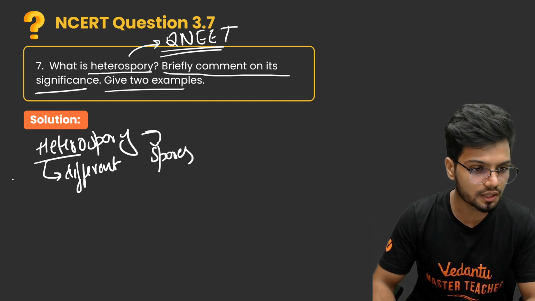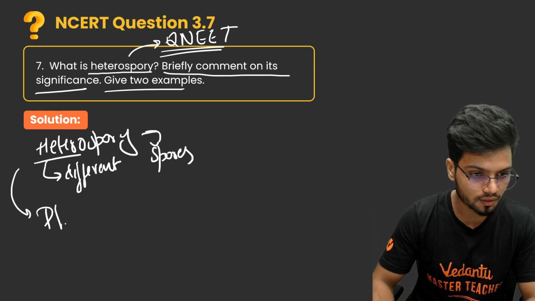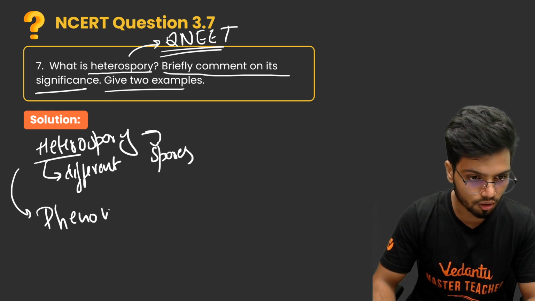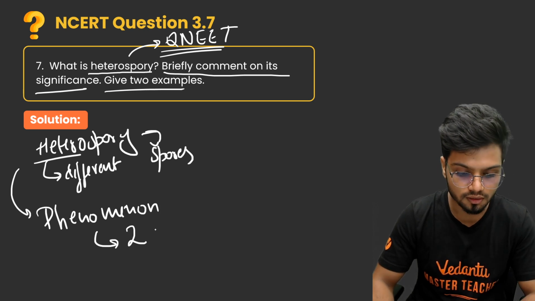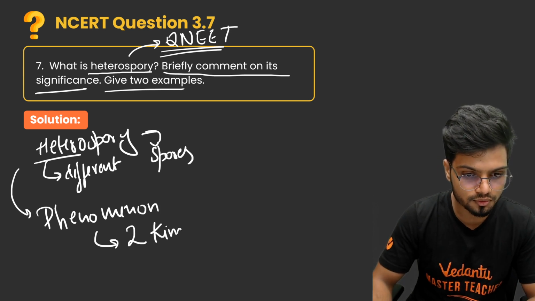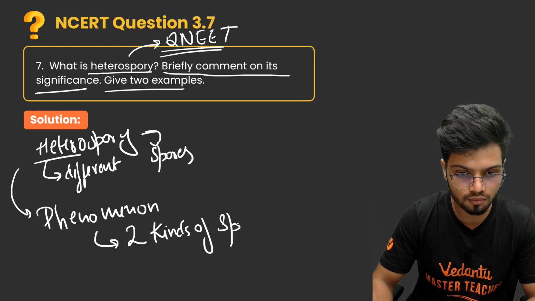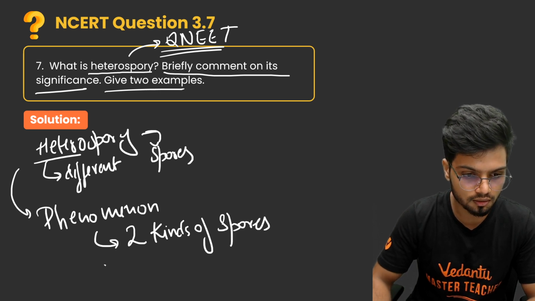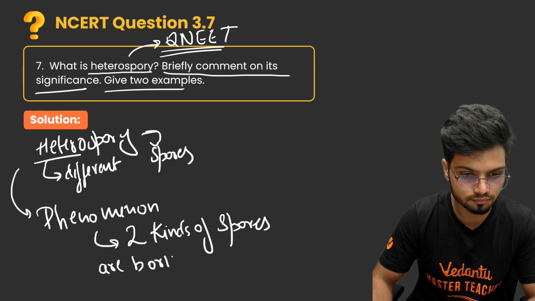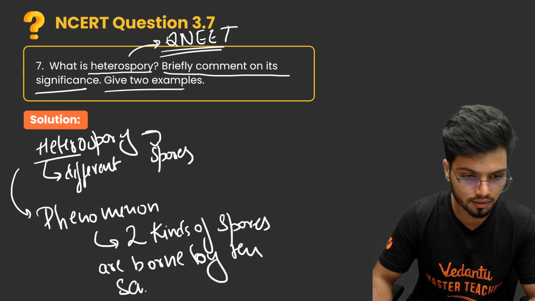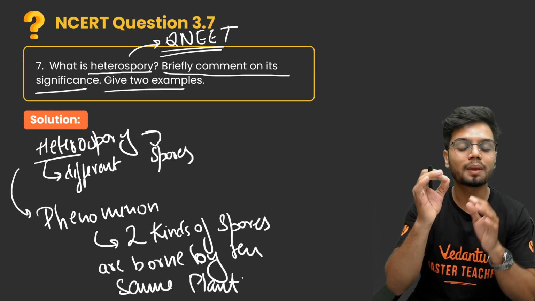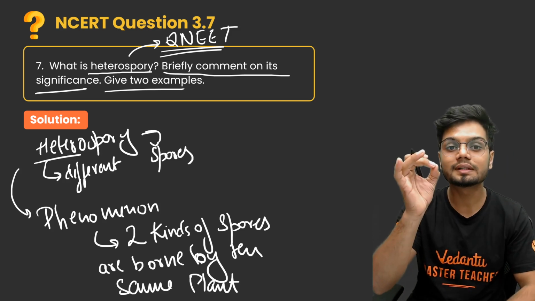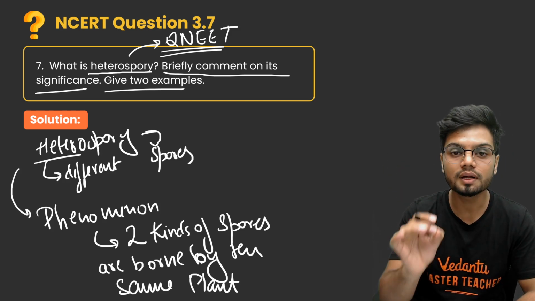So heterospory is a condition or phenomenon where two kinds of spores are produced by the same plant. The same plant will produce two different types of spores.